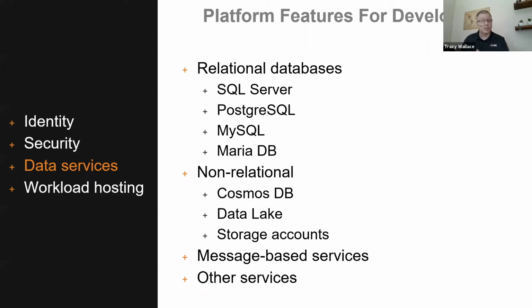It also supports Spark now. Gremlin, which is a graph API, etcd, which is actually behind a lot of things as a storage mechanism, Cassandra, and also tabular storage. These are all different types of storage. But it just gives you a wide variety of ways that you can store your data.